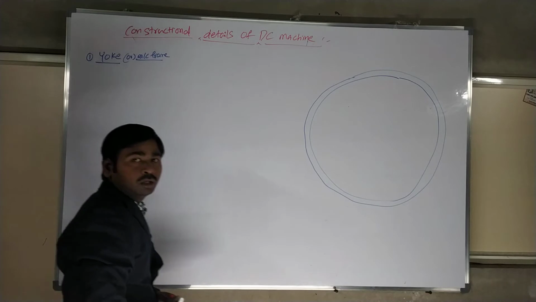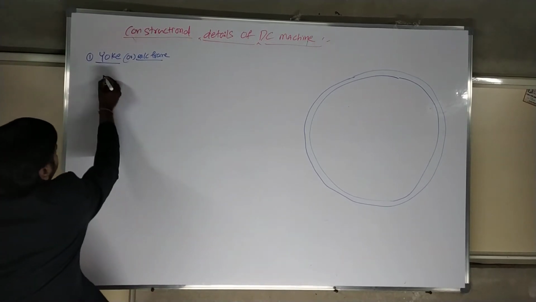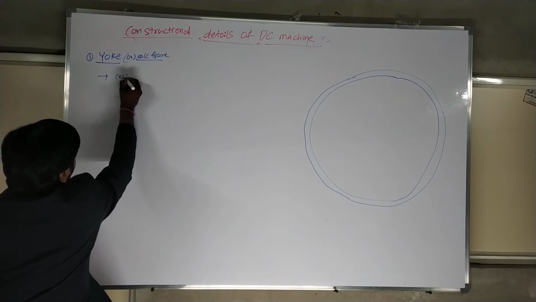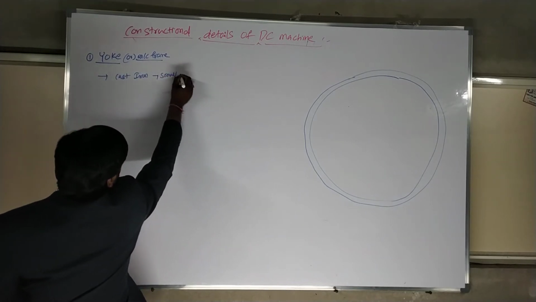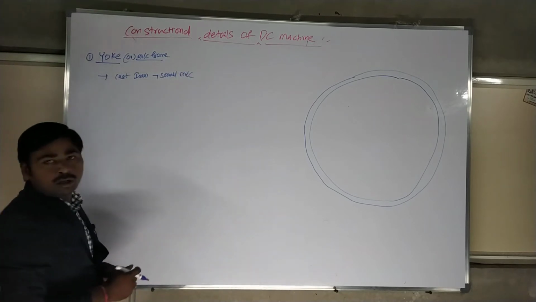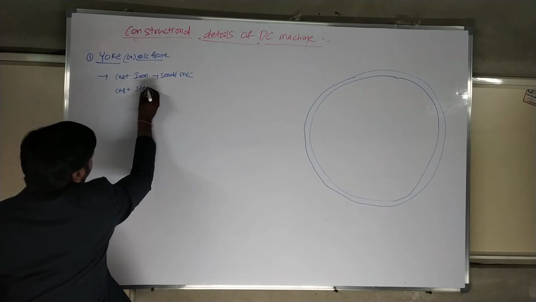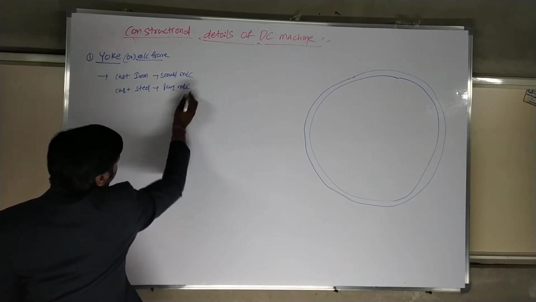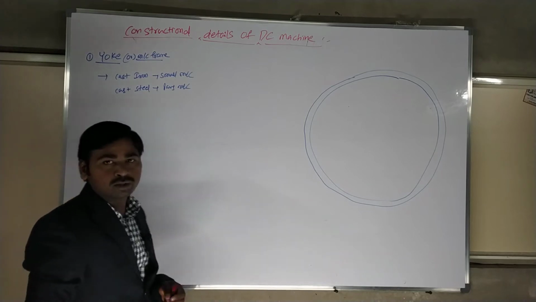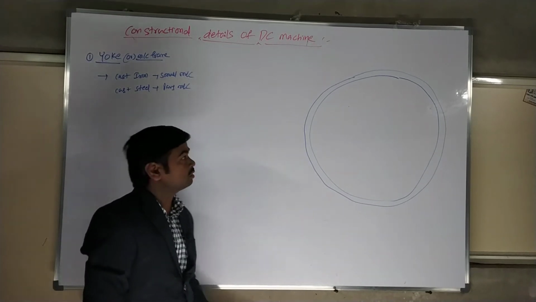What type of material can we use for a yoke? Generally, cast iron is used for small machines. Cast steel is used for large or high rating machines. Steel costs a little more, but for larger machines the requirement is greater, so that is what we go for.